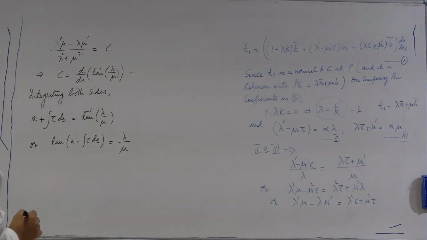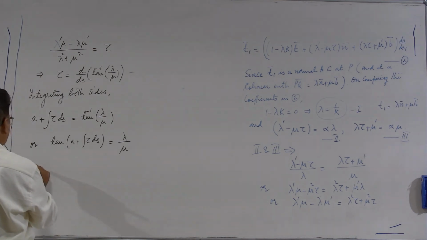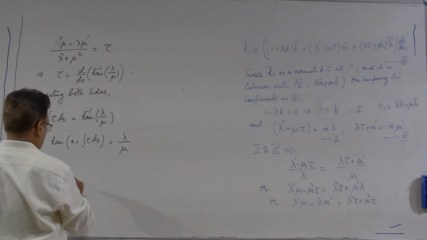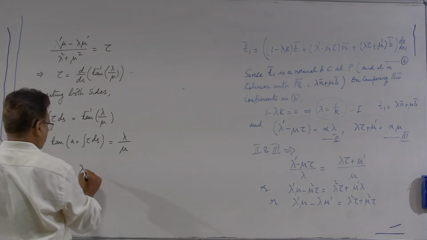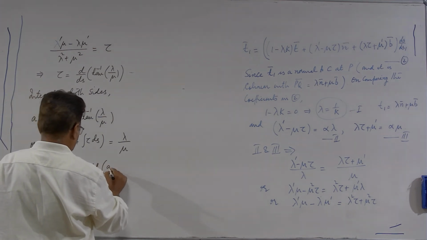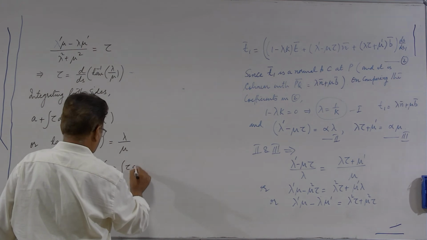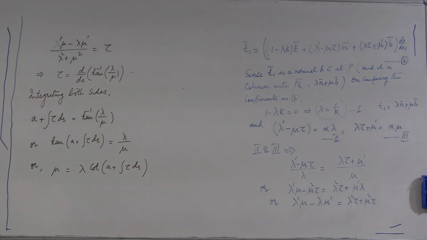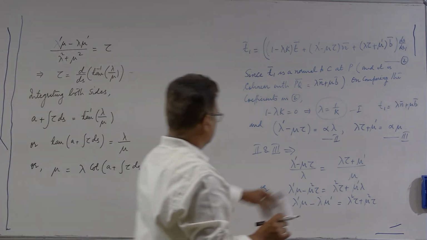Okay. So, this gives you mu equal to lambda times cot of a plus integral tau ds. Okay, lambda I already had in number 1.